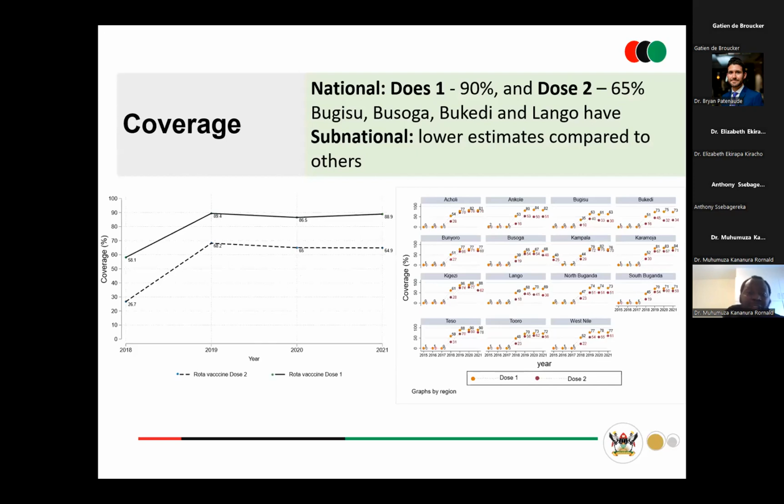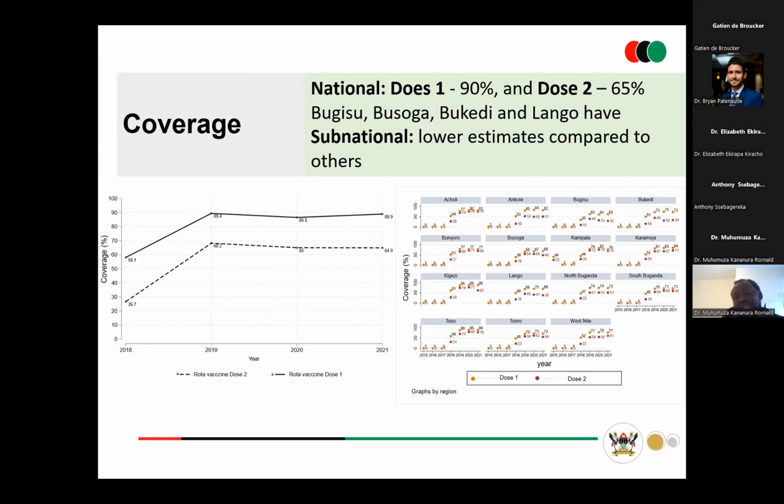And in terms of coverage, this is where we want to showcase how this could also be used to measure coverage. So we see as of 2021, Rota dose 1 vaccine is estimated at 90%, and dose 2 at 65%.